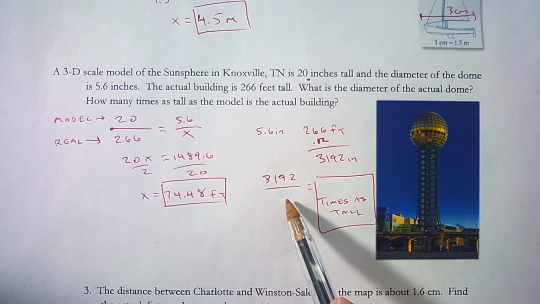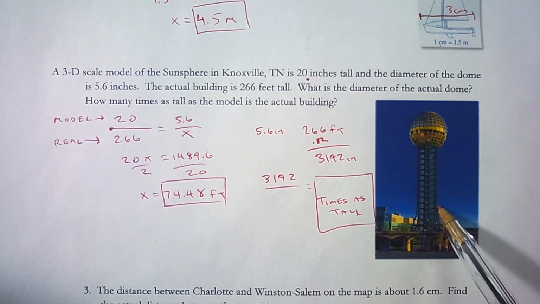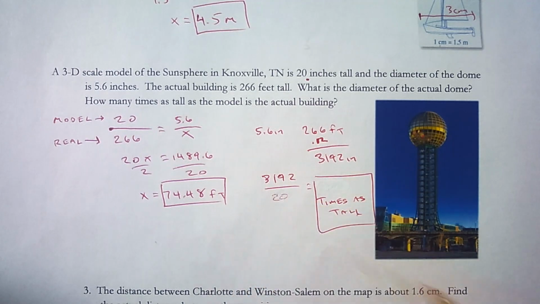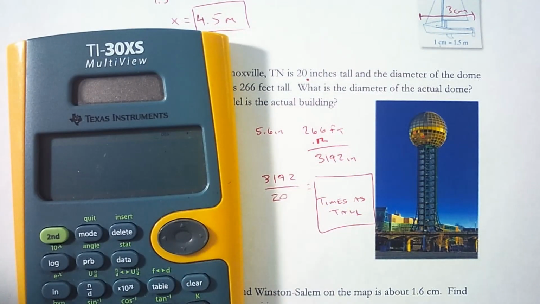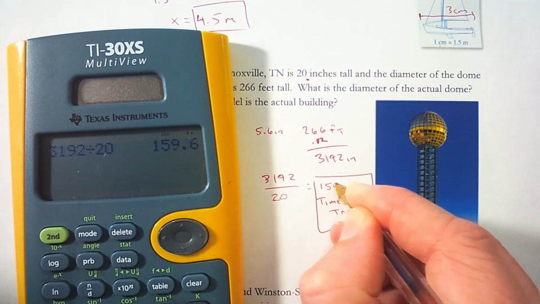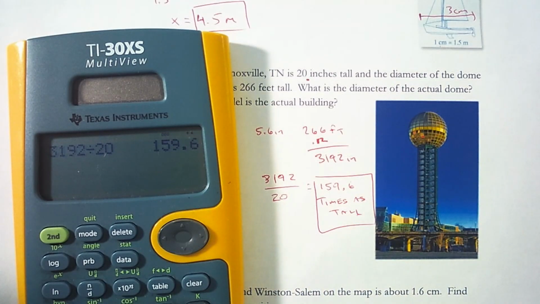I had put the wrong number earlier. I'm comparing the height of the Sunsphere to the height of the model. The model is 20 inches tall. So it's 3,192 divided by 20. And that is 159.6. So the actual building is 159.6 times as tall as the model.